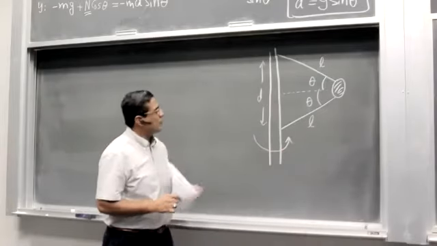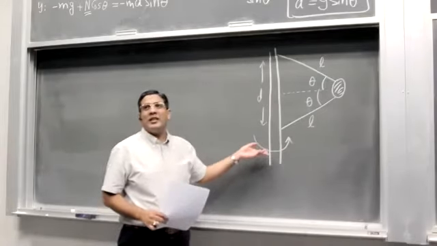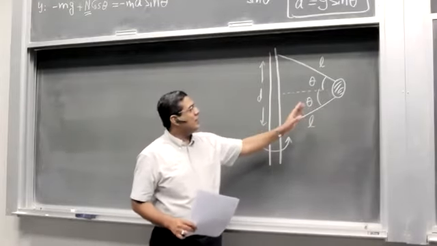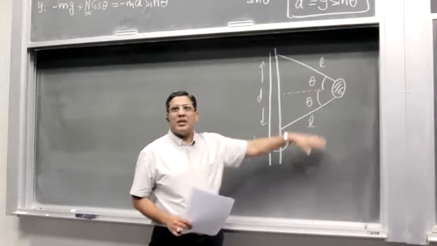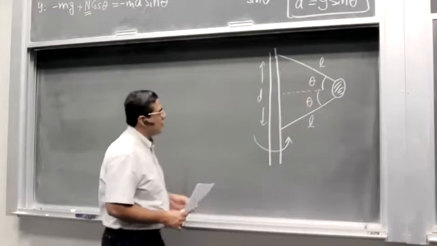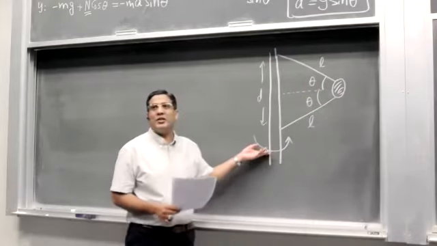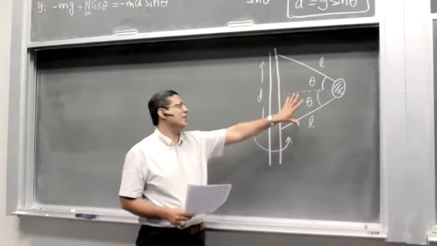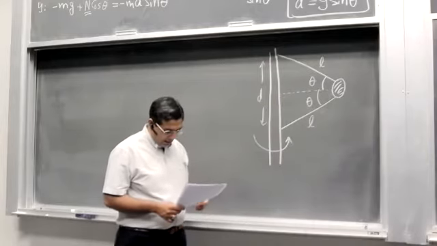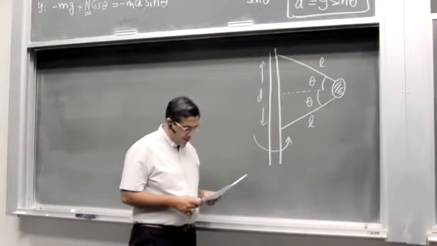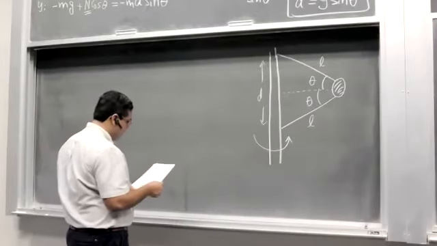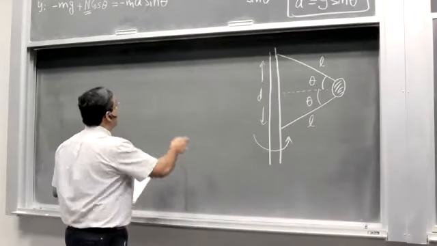And again, if you rotate very slowly, then there may not be enough tension in the strings to keep it there, and it may still fall down. So that is what we need to find out, the minimum rotation speed that would keep this ball stretched there at this position. Okay. And the other question is we need to find out the tension. So again, we start with the free body diagram of this object.